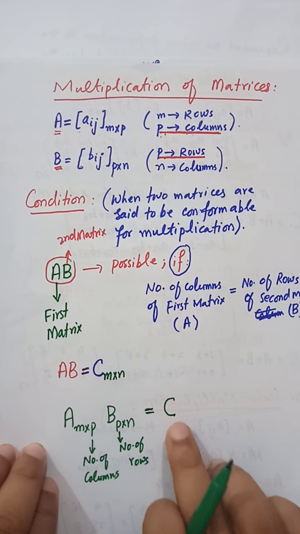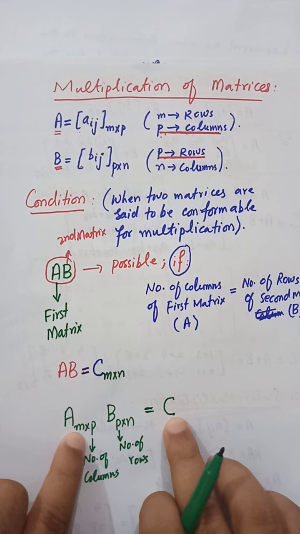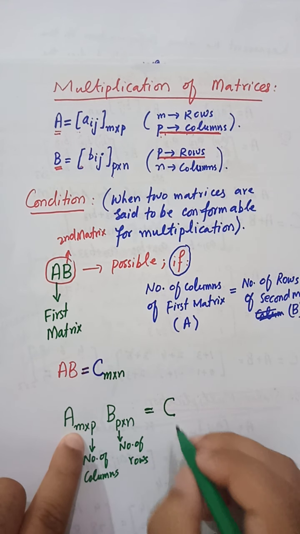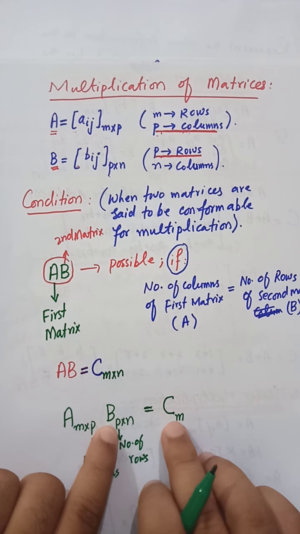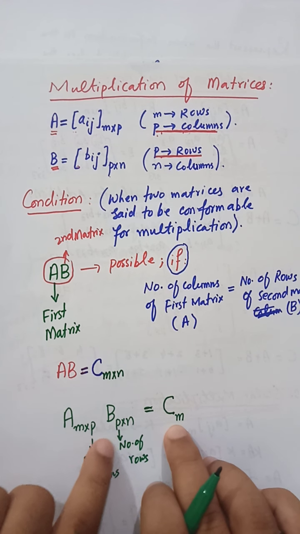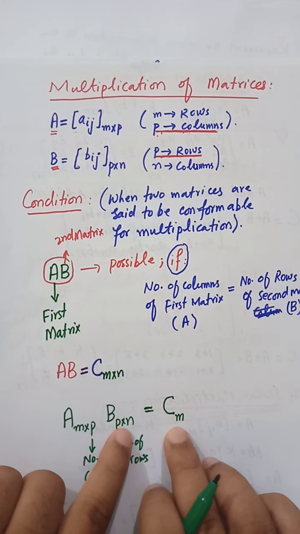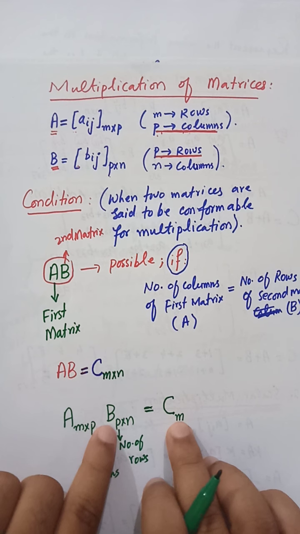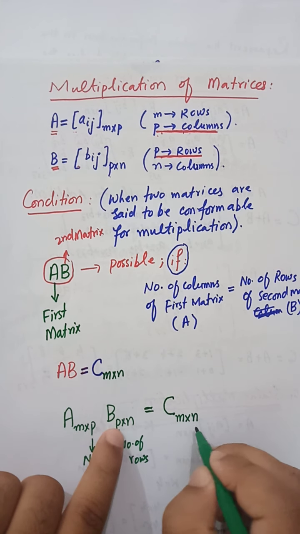The resultant matrix which comes from the multiplication has an equal number of rows as the first matrix has. So here the first matrix has m rows, and the number of columns of the resultant matrix will equal the number of columns of matrix B. So here the number of columns will be n.